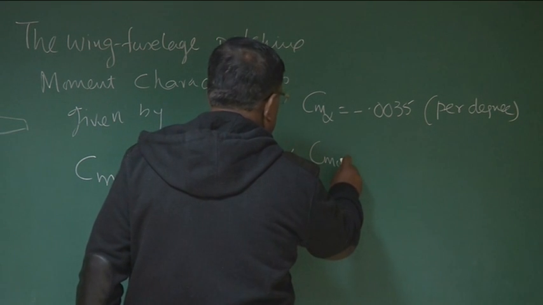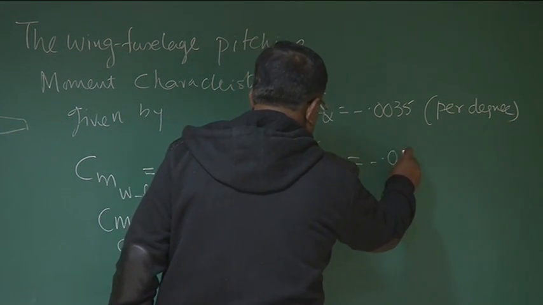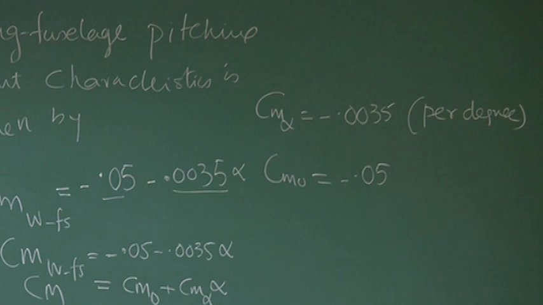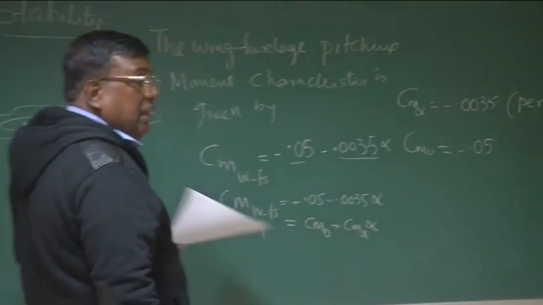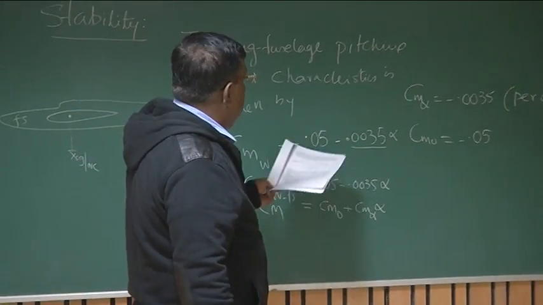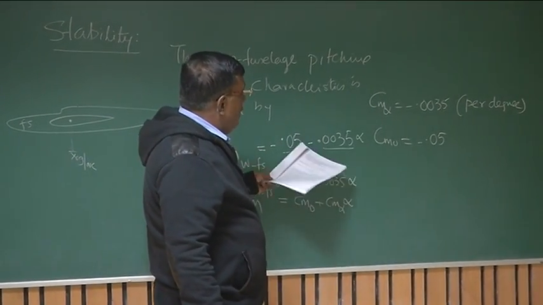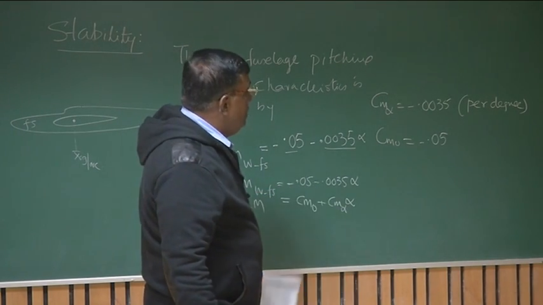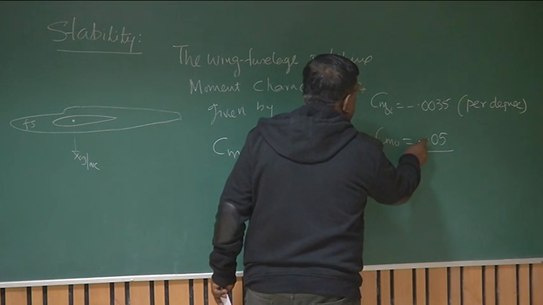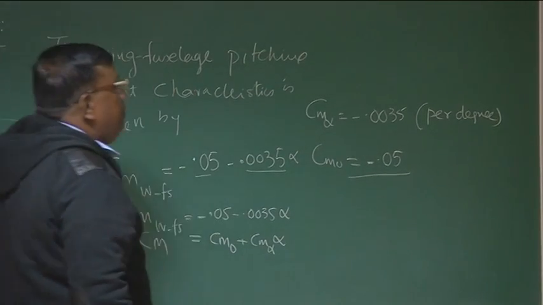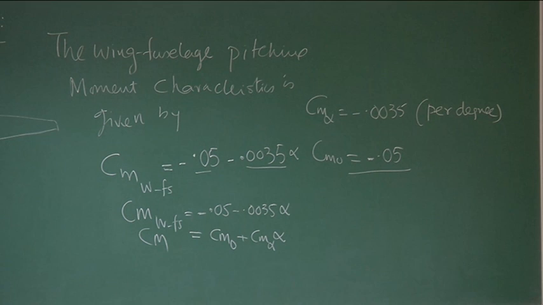Cm naught is minus 0.05. So this is the characteristic of pitching moment, and this is only for fuselage and wing. After whatever plane has been designed for wing fuselage, the expression is something like this. And when I interpret it the way we have understood, by comparing I find Cm naught is minus 0.05 and Cm alpha is minus 0.0035 per degree.